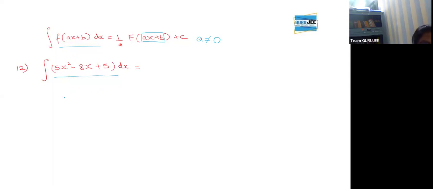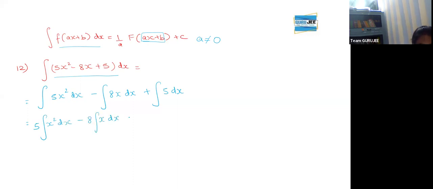Okay, I will continue. Integrating, you will get 5 outside x square dx, minus 8x dx, plus 5 dx, which again will give you 5 into x to the power 2 plus 1 by 2 plus 1.